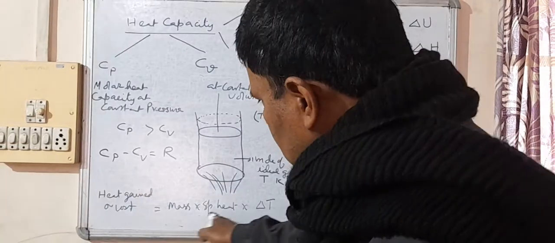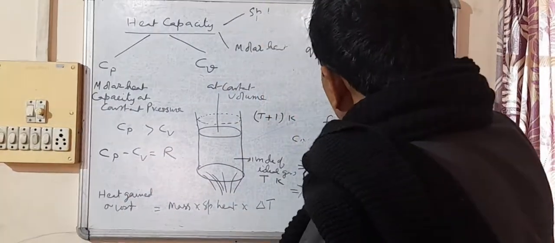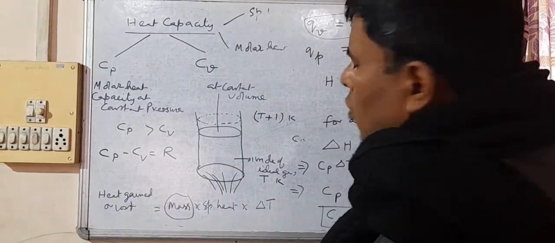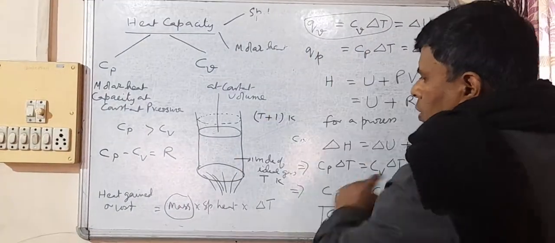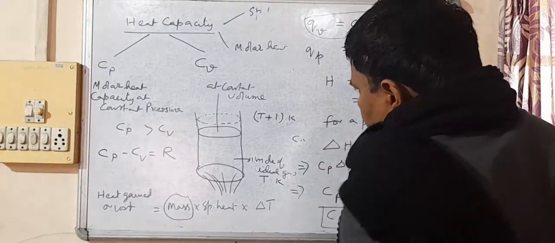Okay, this is the concept, and from here we have written this one. This mass term you cannot see because it is for molar heat capacity, where its value is 1. So this term is here, Cv, and this term is here.